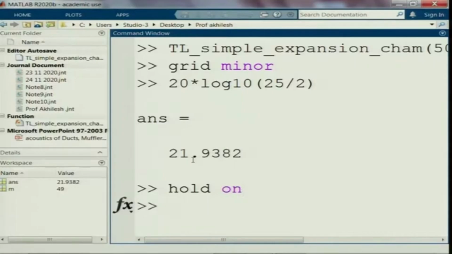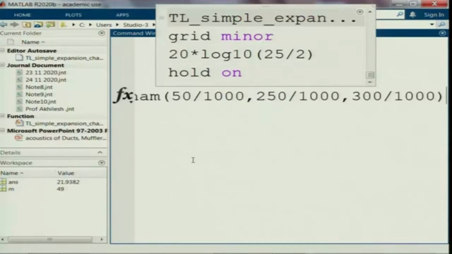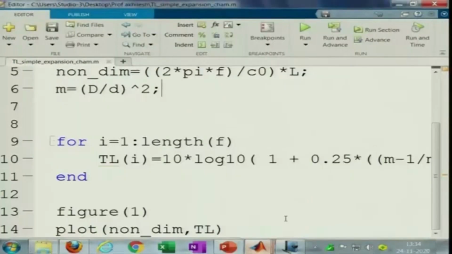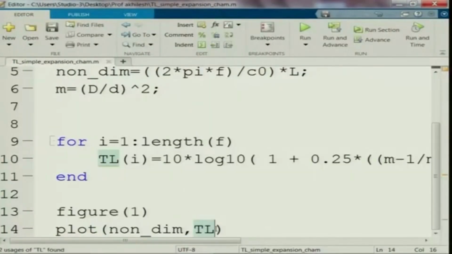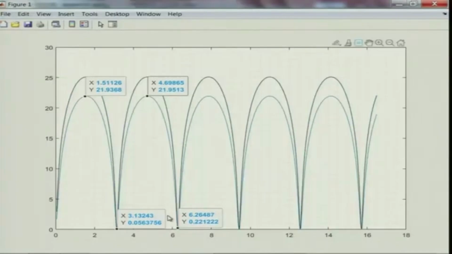Just to drive home the message of how important the expansion ratio is, I have put hold on, that is basically to hold the figure and plot using a different color, which I am going to do now. Let us say we have a slightly increased expansion ratio, like this. You see the transmission loss has gone up.